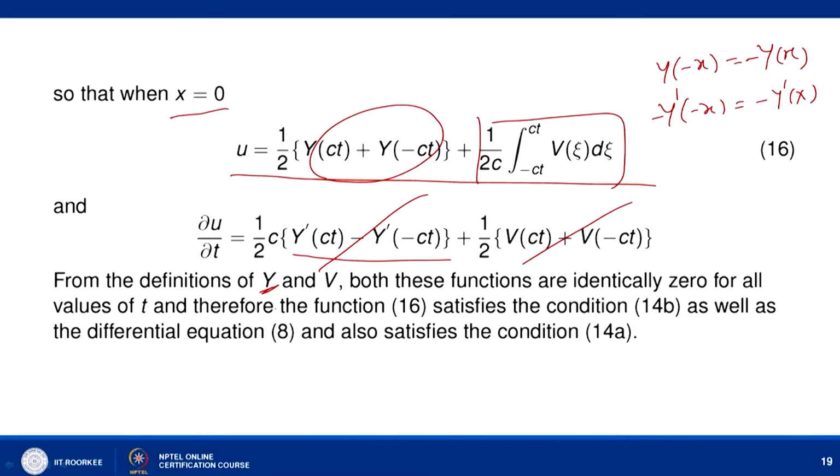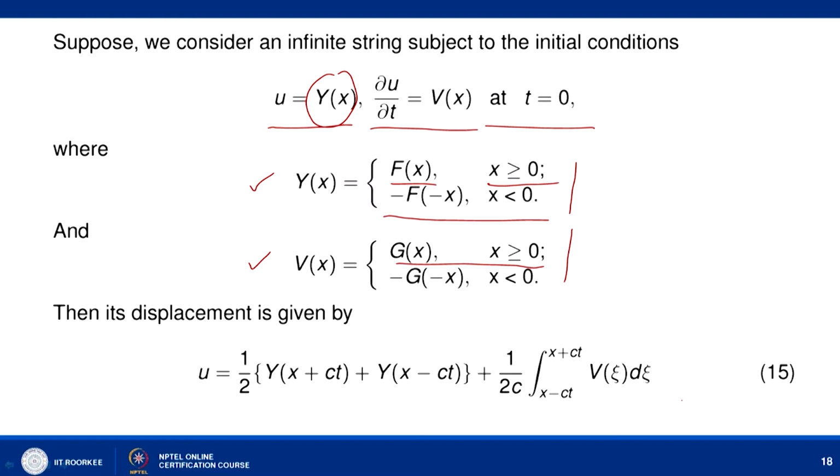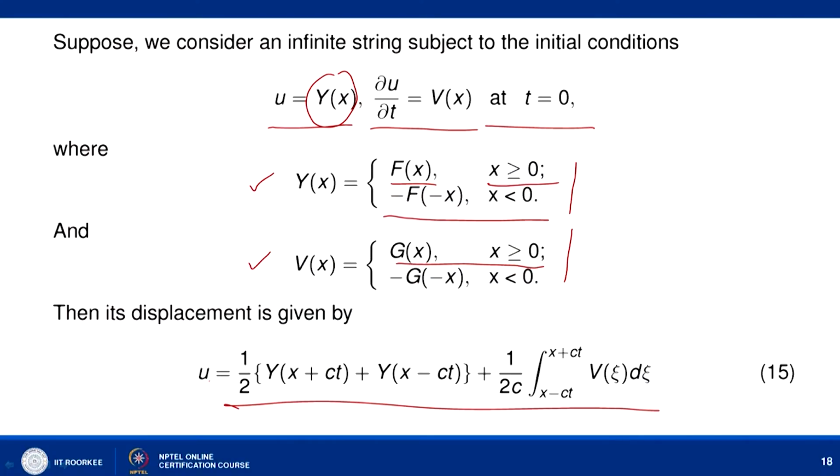And also, if you look at your solution which is defined as 15, it will also satisfy the initial condition, that is u(x,0) equal to f(x) for x greater than or equal to 0. So, it will also satisfy the initial condition as well as the initial velocity here.